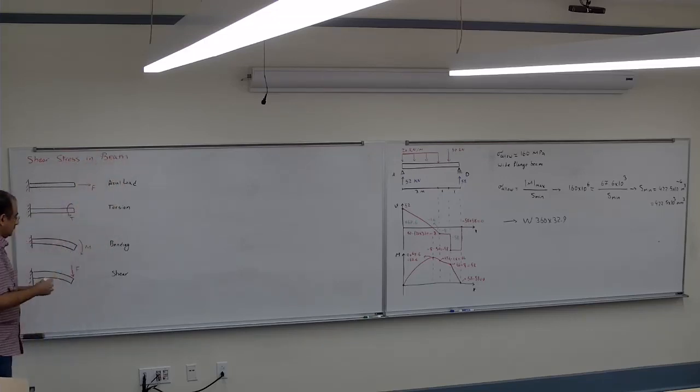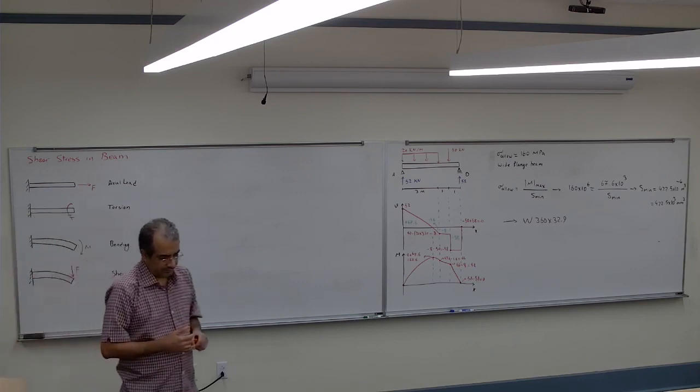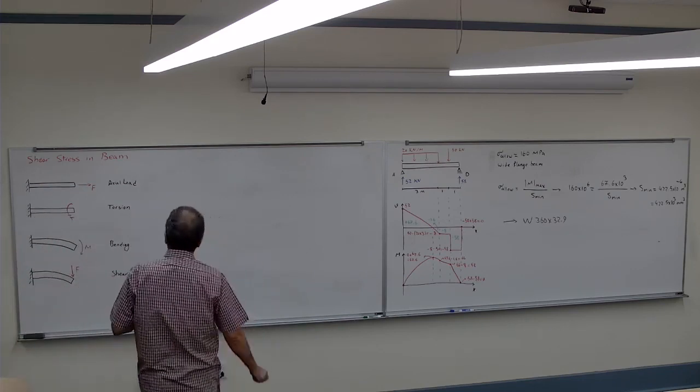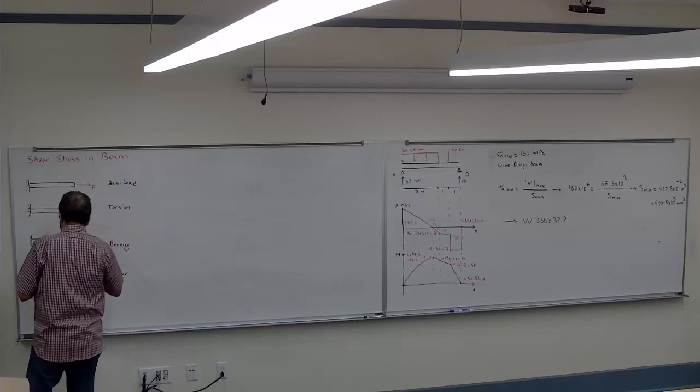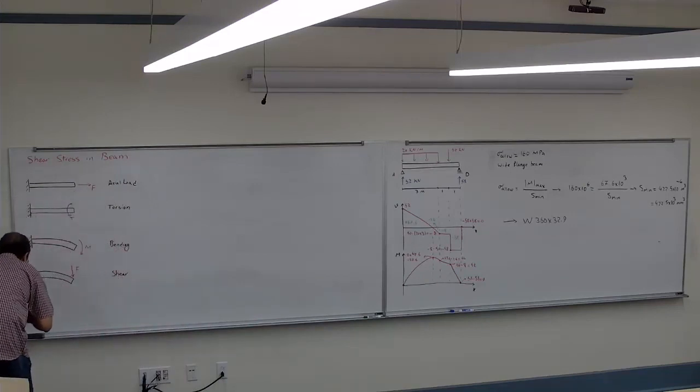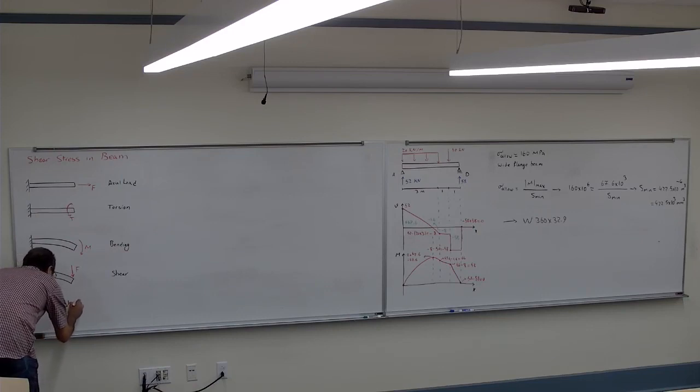So we have the first three, and now we want to look at the shear. Remember that under pure bending, there is no shear in the beam.